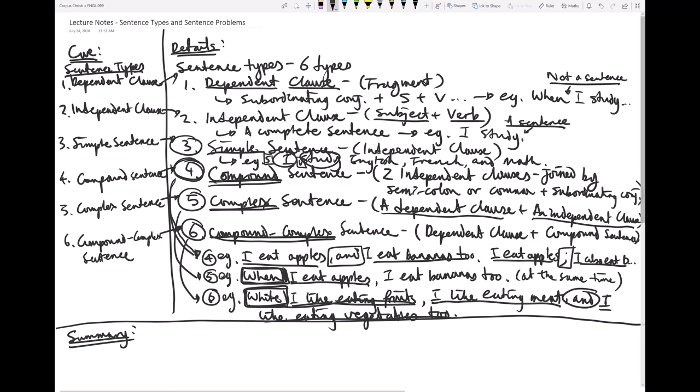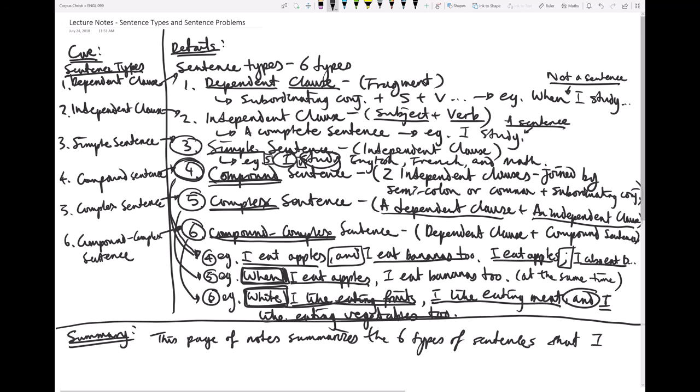So if I were to summarize this lecture, I'd say this page of notes, or something like this, summarizes the 6 types of sentences that I can use in my academic writing.